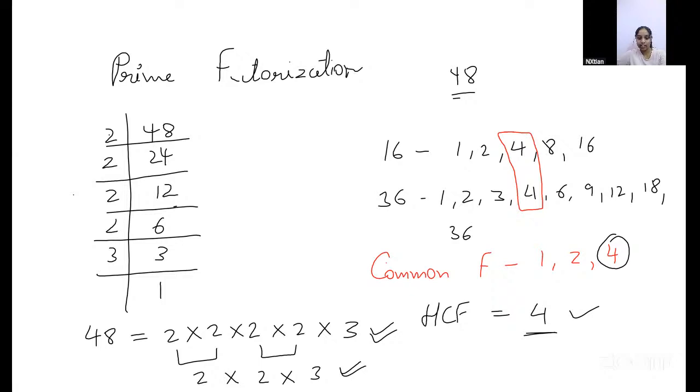If they tell you in the question to give all factors of 48, then you have to mention all the factors of 48 that are there.